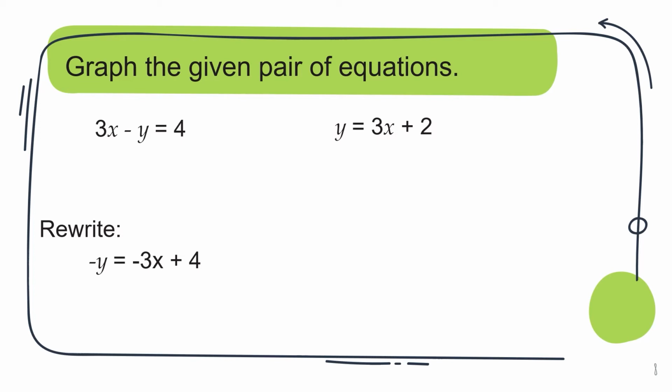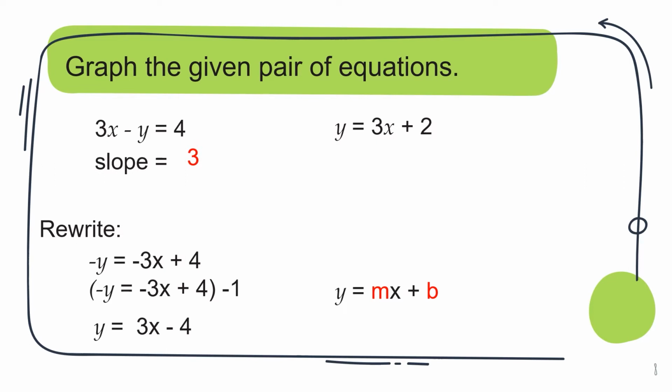Since y there is negative, we have to multiply both sides of the equation by negative 1. Our equation now will be y is equal to 3x minus 4, and the slope is positive 3. Y-intercept is negative 4.